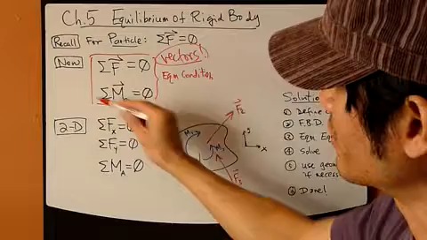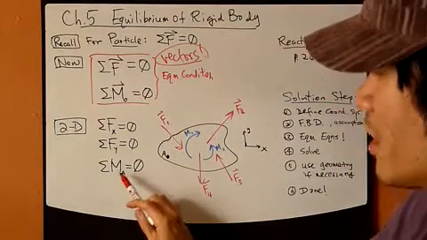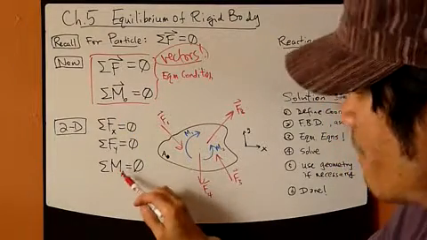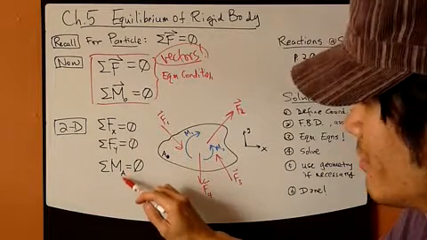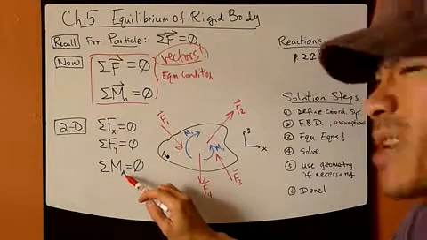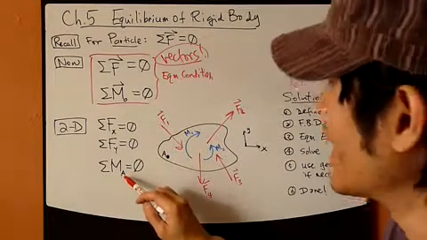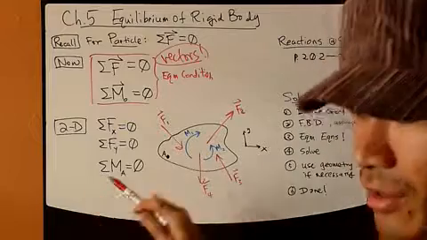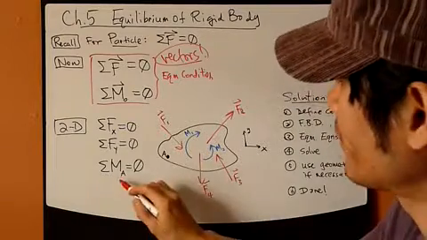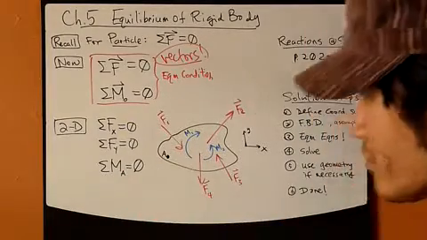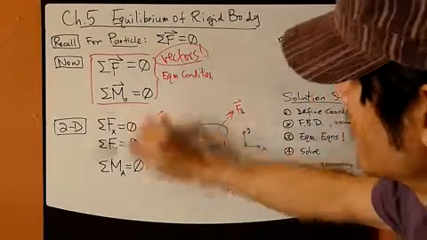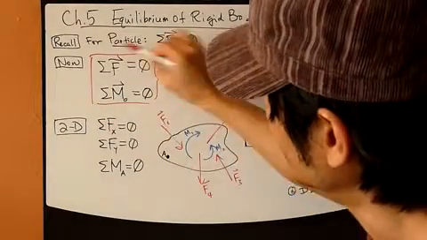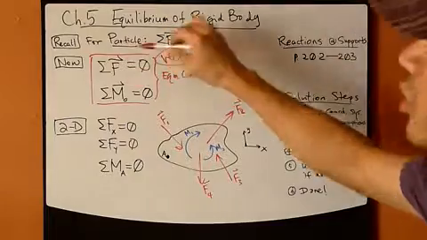And then the sum of moments equation is now also a scalar, the sum of moments about any point. I just call it point A, for any point. Again, this point can be on the body or outside the body, it doesn't matter. So now you're dealing with scalar equations, which come from the original general equations.